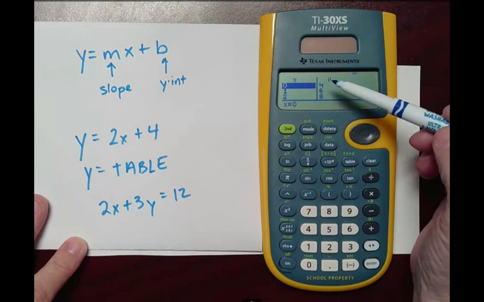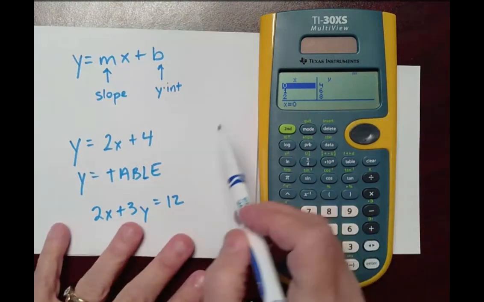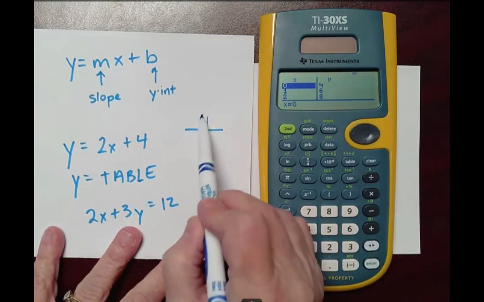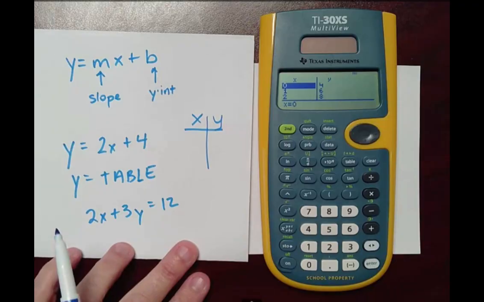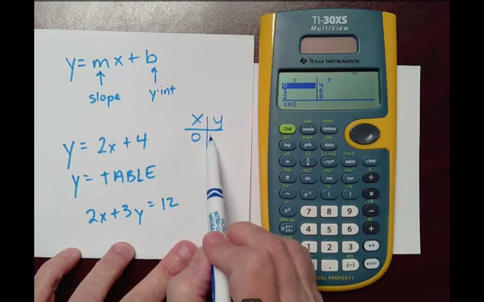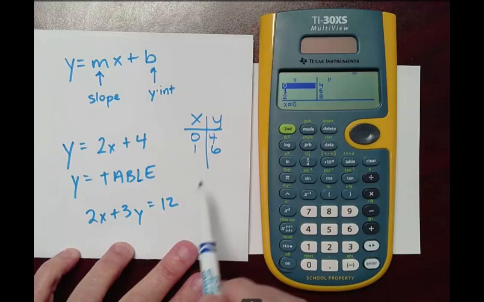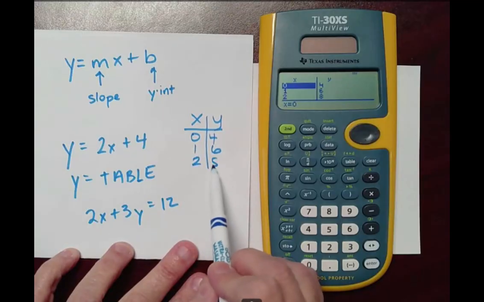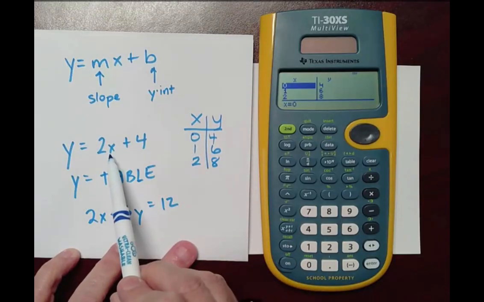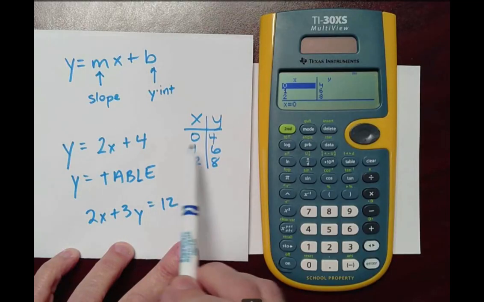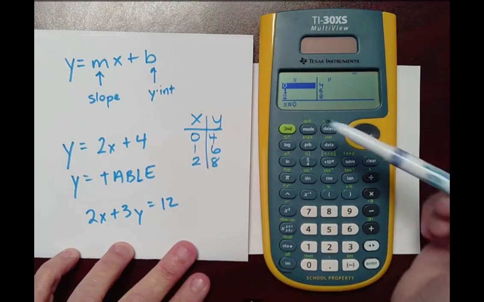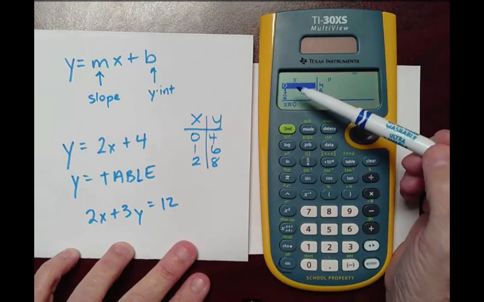And what it does is it gives me a table of values, x's and y's, that would be on the line. So the point (0, 4) is on the line. The point (1, 6) is on the line. The point (2, 8). And that means if I put 0 in for x, 2 times 0 plus 4, it gives me a value of 4 for y. And I'm not just limited to these 3 points.